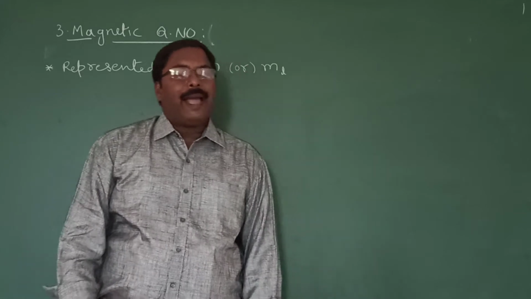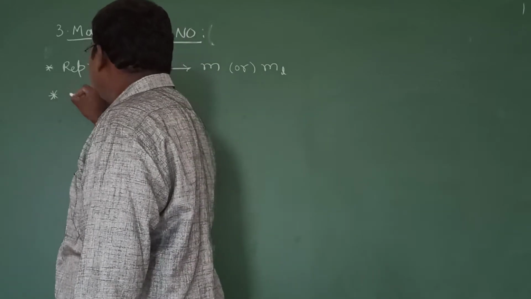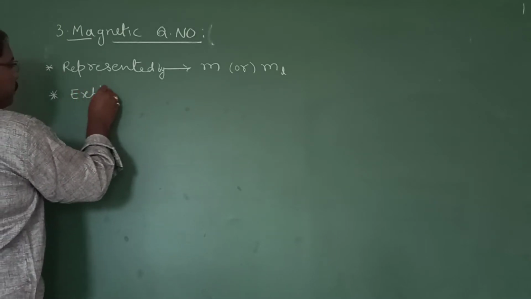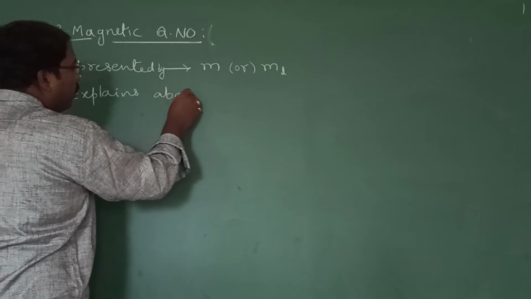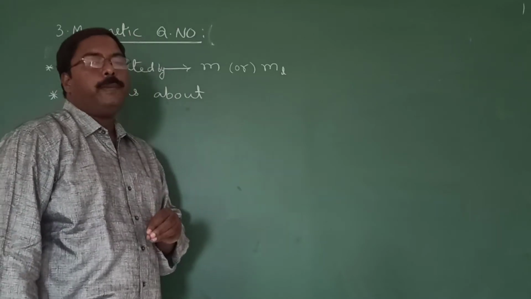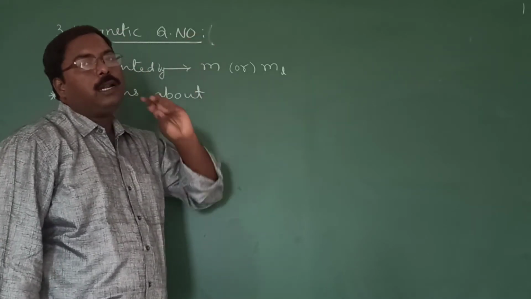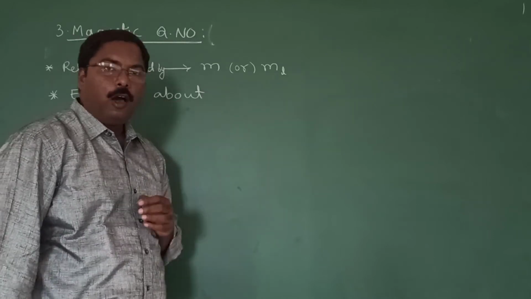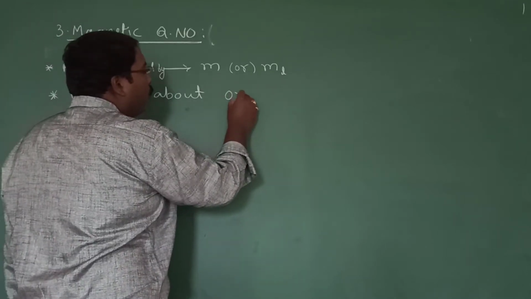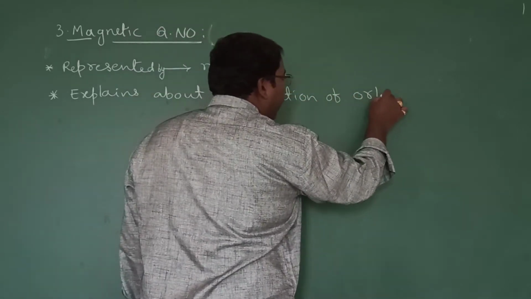Now, we know the principal quantum number explains the size of the orbital as well as the energy of the orbital. The azimuthal quantum number explains the shape of the orbitals. Now coming to the magnetic quantum number, this explains the orientation of orbitals.